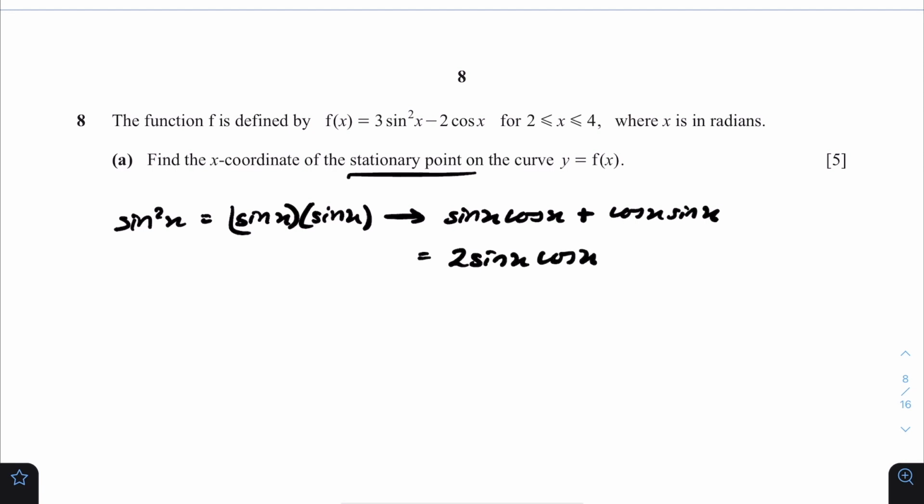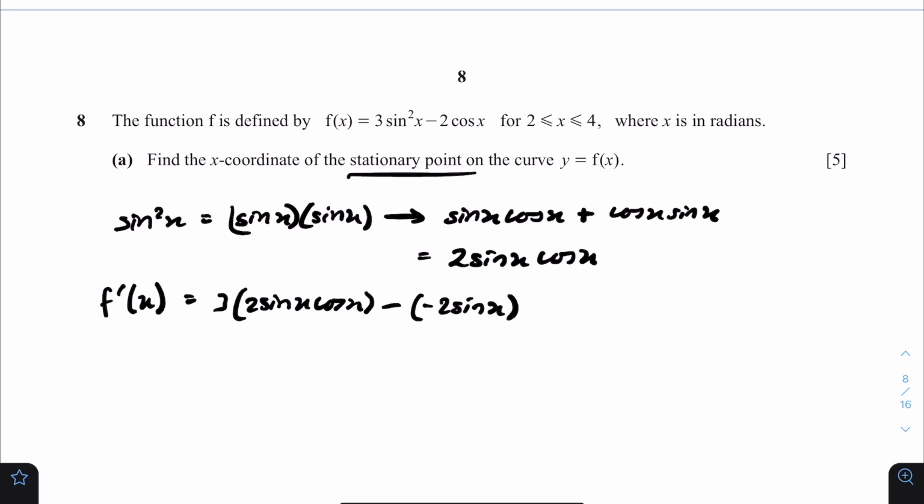Substituting it in, the derivative of f of x equals 3 times 2 sine x cos x, minus 2 times minus sine x, so plus 2 sine x, because cos differentiates into negative sine. This gives us 6 sine x cos x plus 2 sine x.